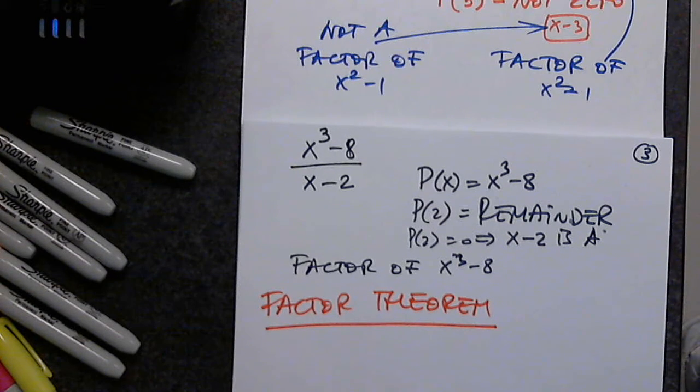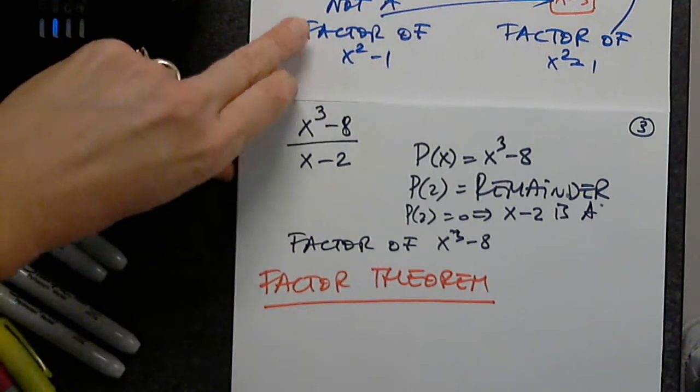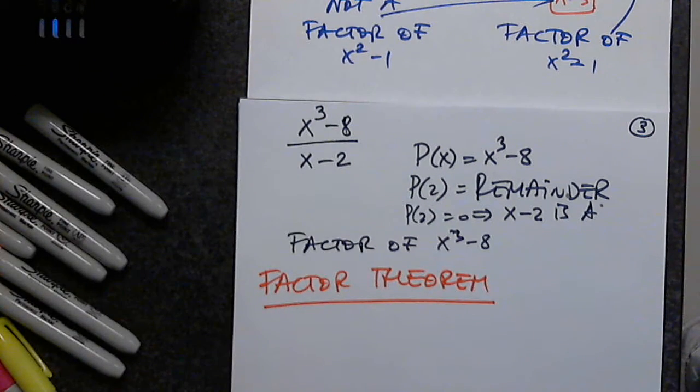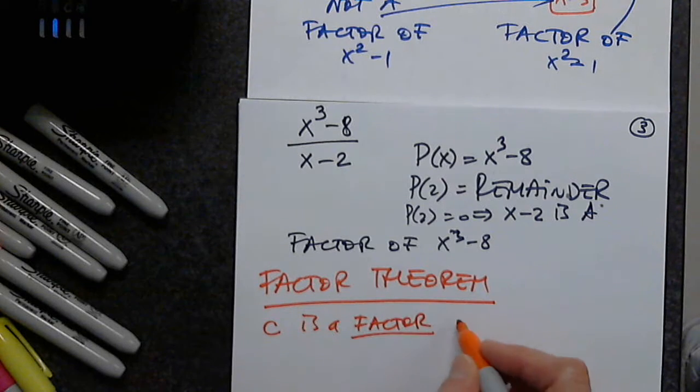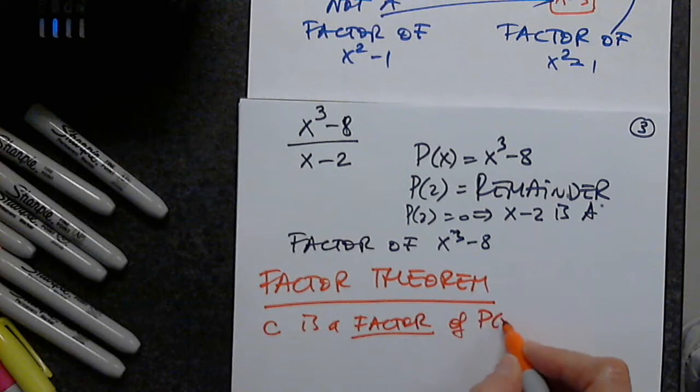Ready? I don't like the definition. I'm not testing on definitions, but let's put it in writing. C, little c, is a factor of P of x.